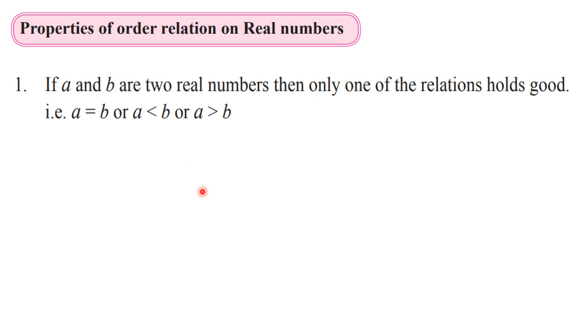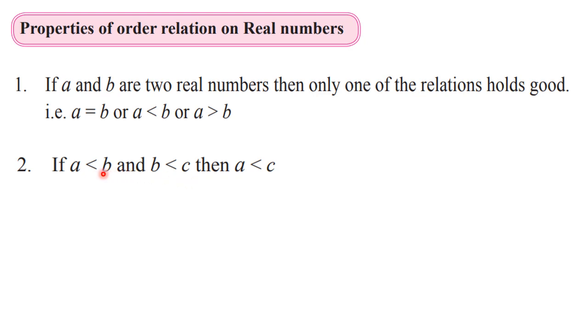Then the next property here is about three numbers. If we think of three numbers such that A is less than B, that means A is smaller than B, and B is less than C. So here what we can say is A is smallest and C is biggest.